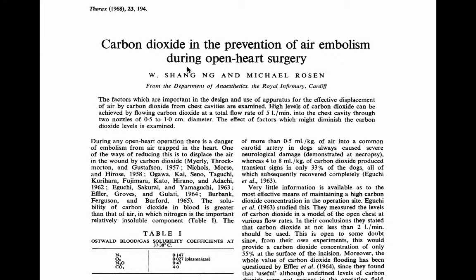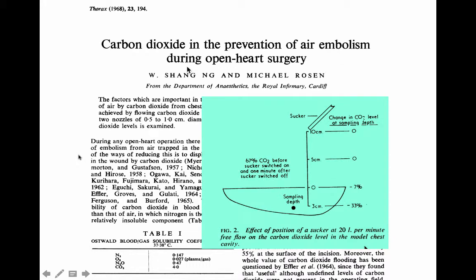Then later in 1968, carbon dioxide in the prevention of air embolism during open heart surgery. And again, this paper, 1968, so we're moving into a newer decade, but they compared the solubilities, and again, because CO2 is much more soluble, they really wanted to test to see how effective it was.